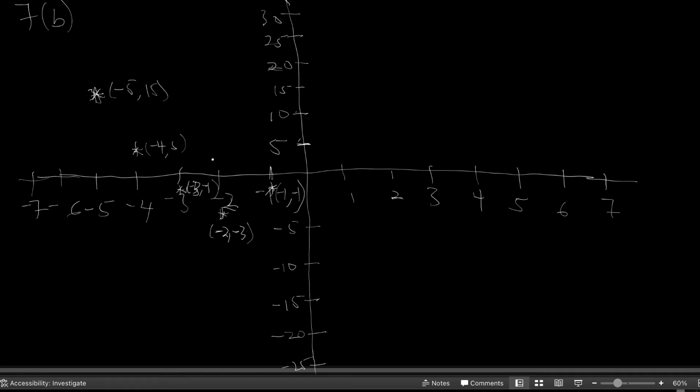When x is 0, y is 5. So we have it here. When x is 1, y is 15. So we have it here. And when x is 2, y is 29. Should have it here.